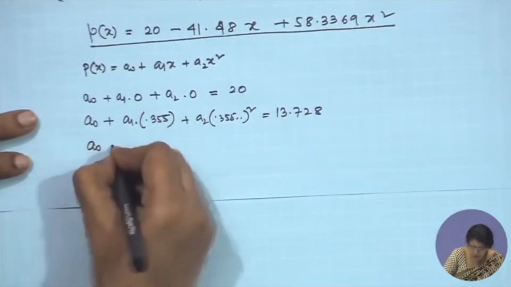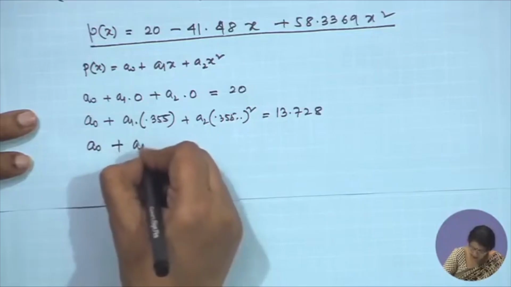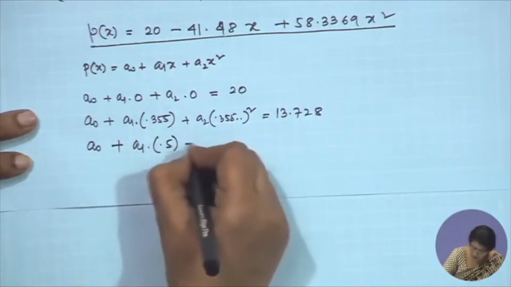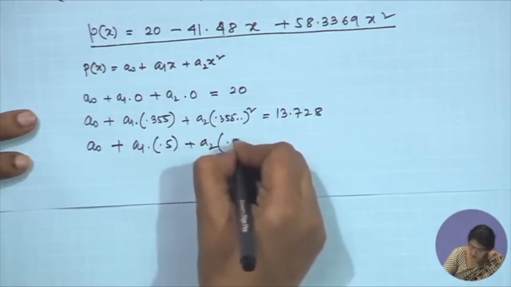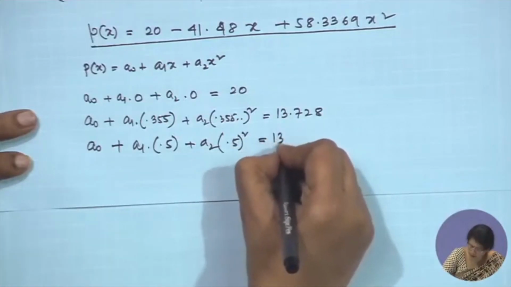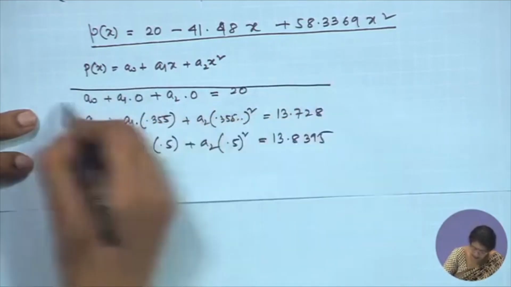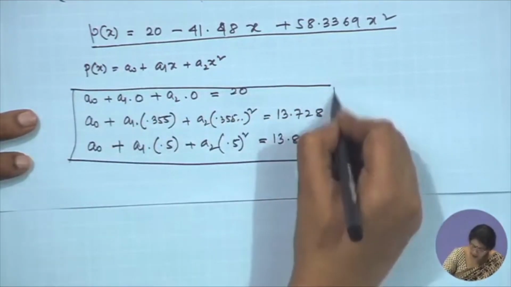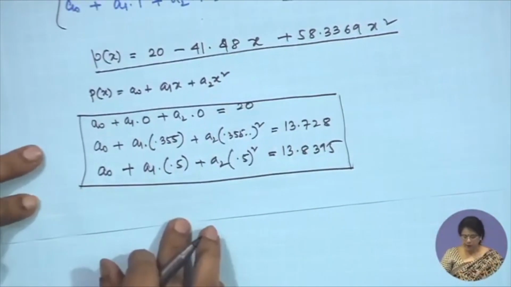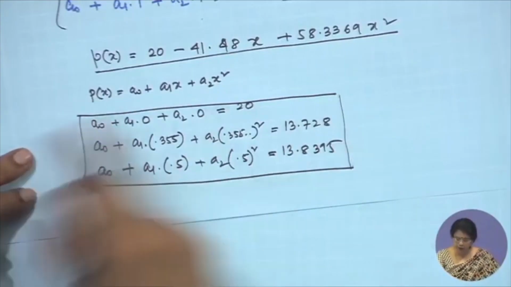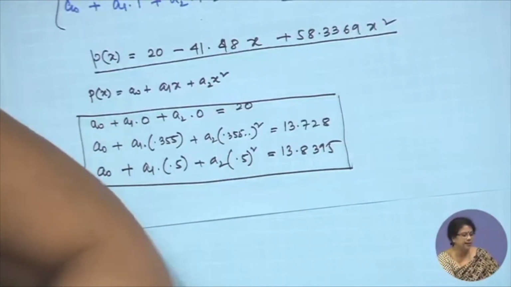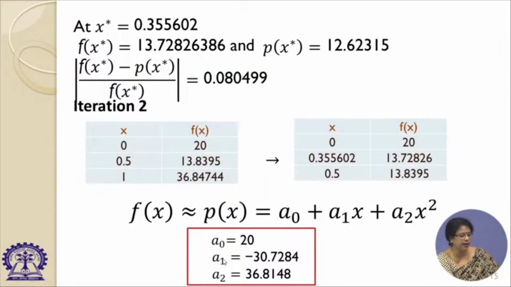The third equation is a naught plus a1 into 0.5 plus a2 into 0.5 square is equal to 13.8395. That means again we are getting 3 equations, 3 unknowns, and we will get the values for a naught, a1 and a2 from these equations. These are the new values of a naught, a1 and a2.